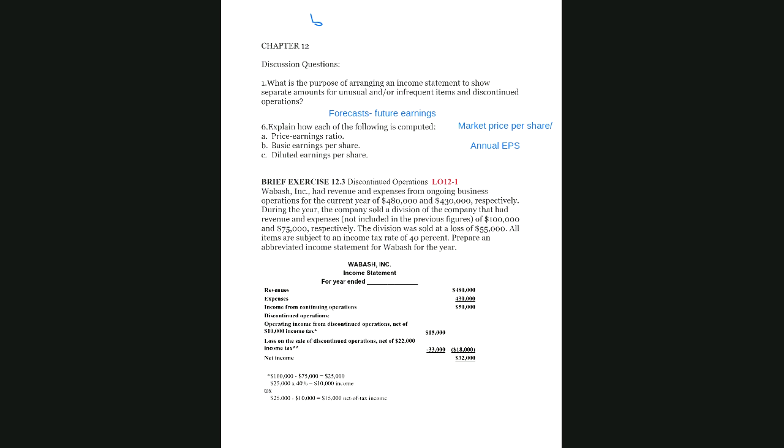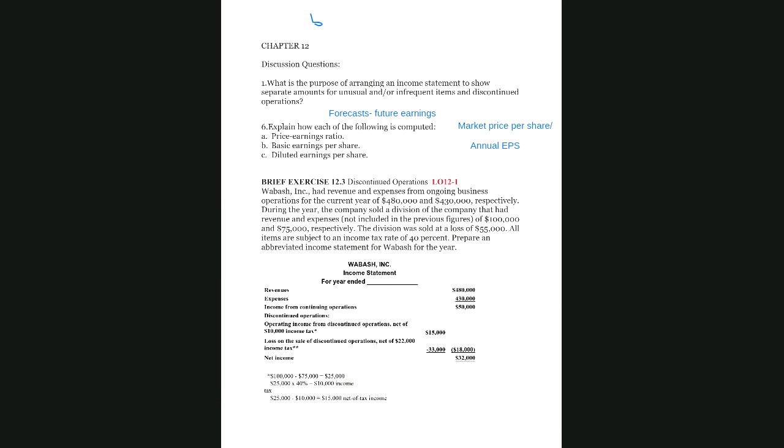Remember, it always starts with the net income. That's in the numerator. What is in the denominator? If the number of common shares has not changed, it's just the number of common shares outstanding.